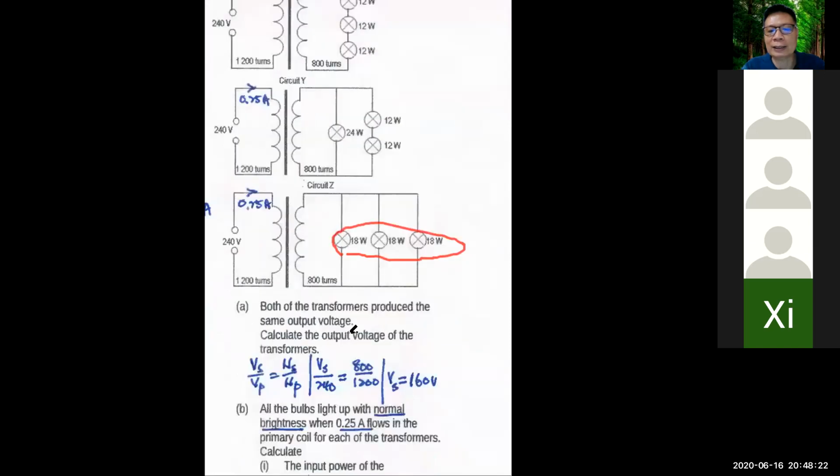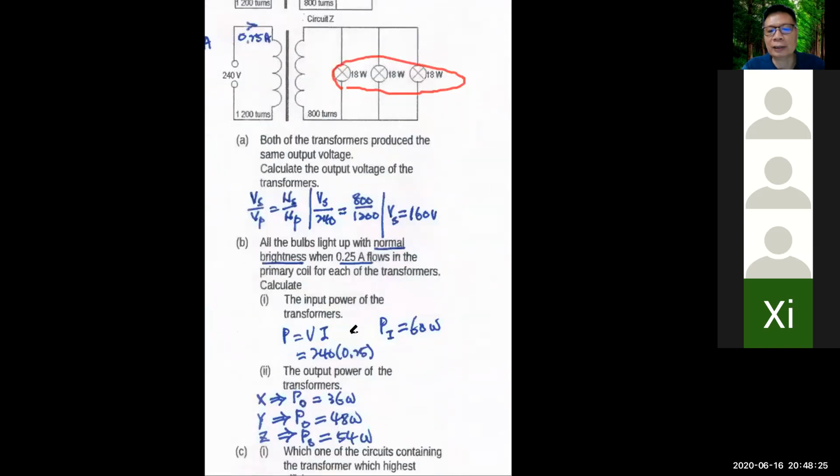Yeah, okay, now we answer the question. The answer here now for X, the output power is 36. For Y, the output power 48. For Z, output power 54. So this is the best, okay? The highest lah. Input 60, output 54. So good lah, because you only lost 6 watt only.